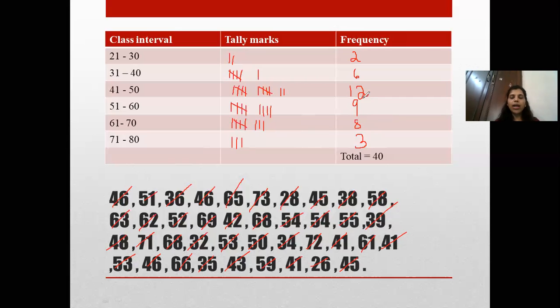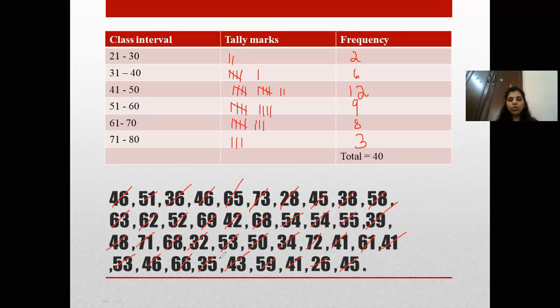So now when you add 9, 12 plus 3, 15, 15, 20, 24 plus 8, 32, 32 plus 2, 34, 34 plus 6, 40. So it's coming 40. So then it's perfect because total and this addition should match. So whatever you have done, tally marks and frequency is correct.